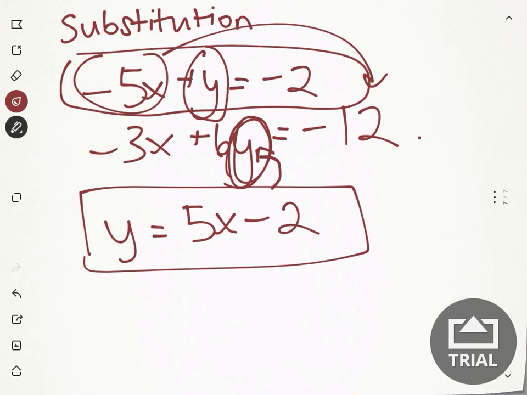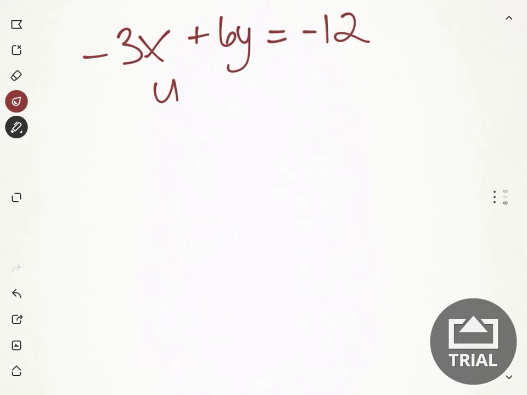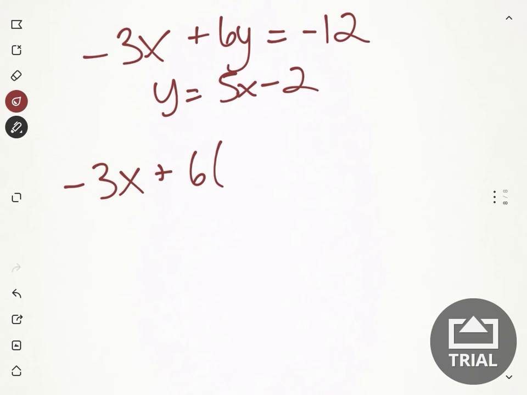It's getting kind of messy here, so let me just start a new page. The second equation I was referring to is -3x plus 6y equals -12. We found that y equals 5x minus 2 based on our first equation, and we're just going to substitute that in. Plus 6 times (5x minus 2) equals -12.